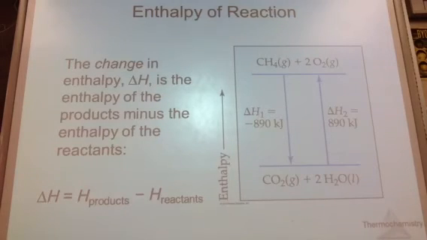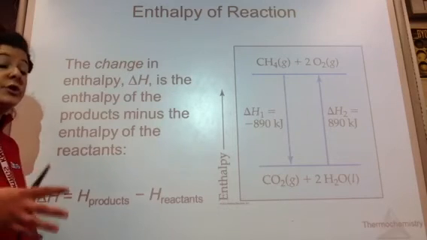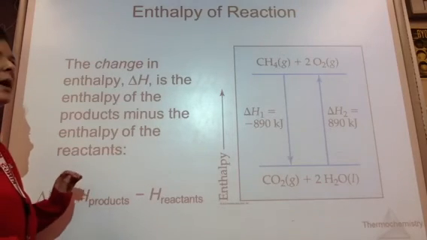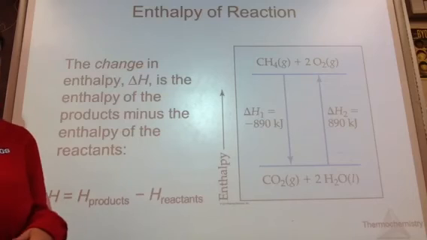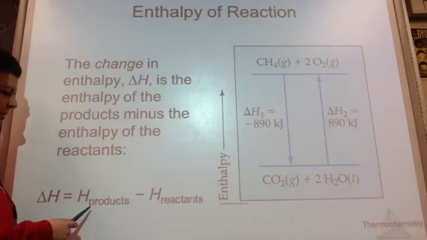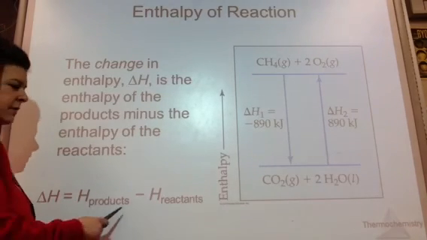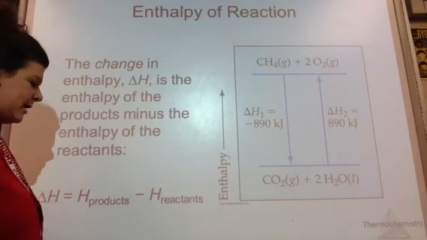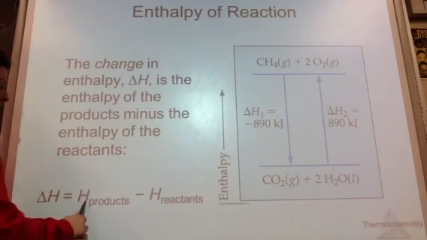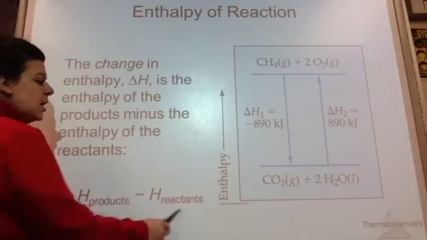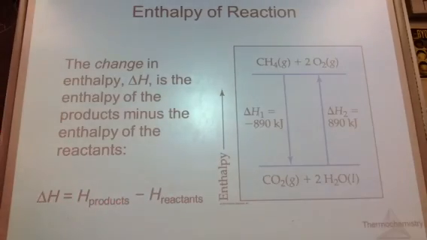Now, the change in enthalpy, delta H, is the enthalpy of the products minus the enthalpy of the reactants. Again, remember we did this with internal energy, where the change in internal energy was my final internal energy minus my initial. Well, this is really the same thing, because the products are what I'm ending up with, and the reactants are what I started with. So my change in enthalpy is just the enthalpy of the products minus the enthalpy of the reactants.